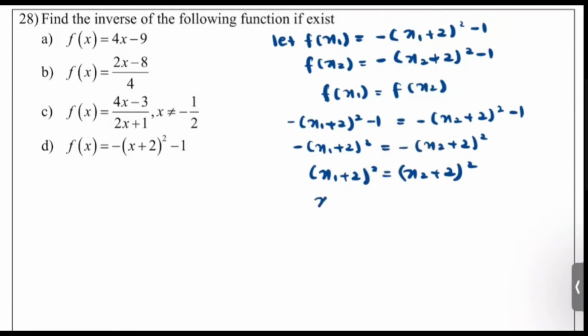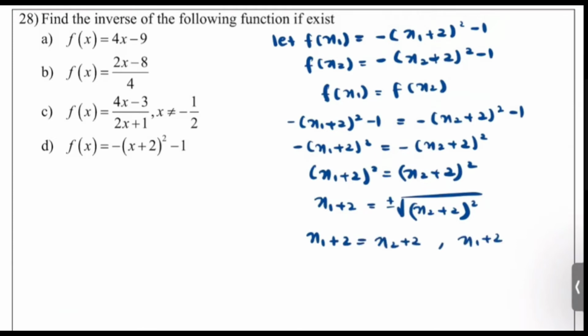So x1 plus 2 equals plus minus the square root of x2 plus 2 squared. The square root meets the square and cancels. So on the left we have x1 plus 2 equals x2 plus 2, and x1 plus 2 equals negative x2 plus 2.